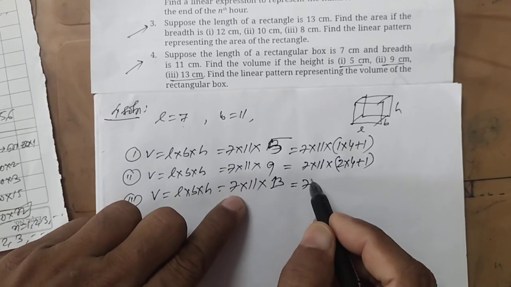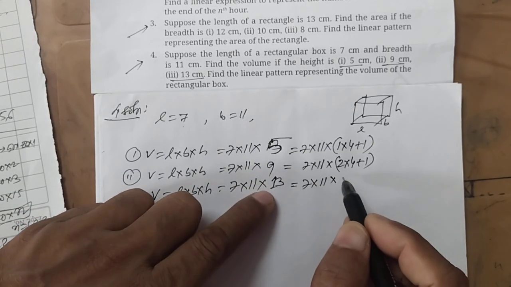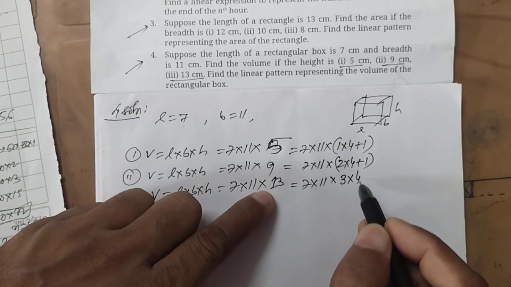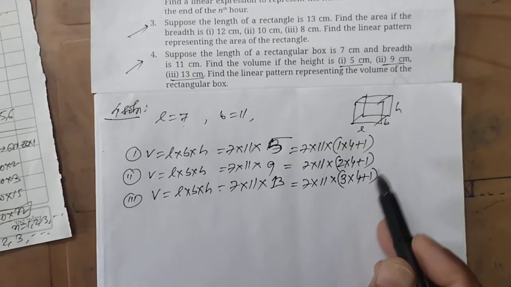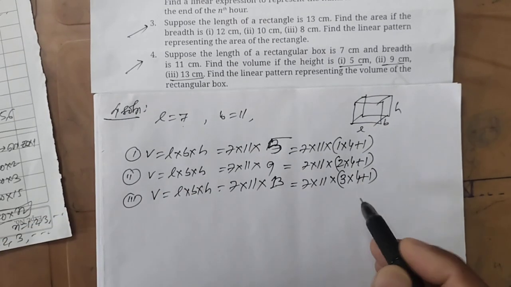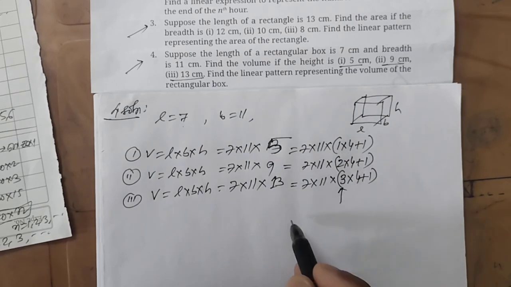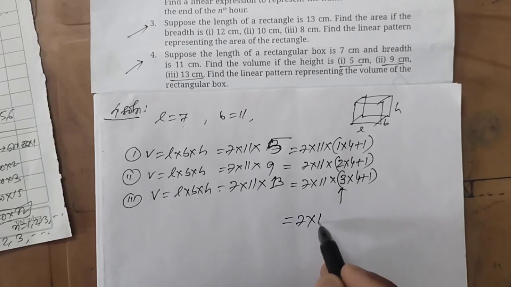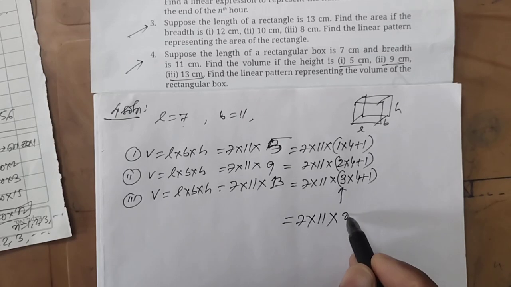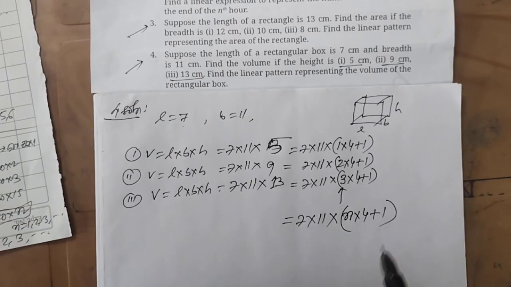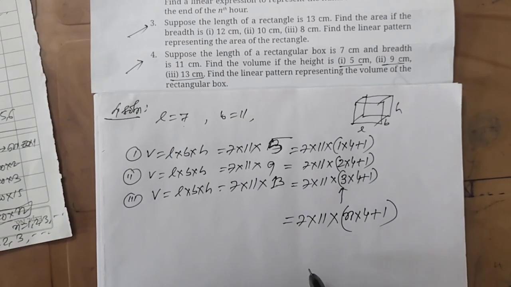Here 7 fixed, 11 fixed, 13 I can write as 3 times 4 plus 1. So you see the linear pattern. All the numbers are fixed here, only this number is changing. This number is 1, 2 and 3. So the linear pattern will be 7 into 11 into, with the changing number we represent by n, n times 4 plus 1 in brackets.